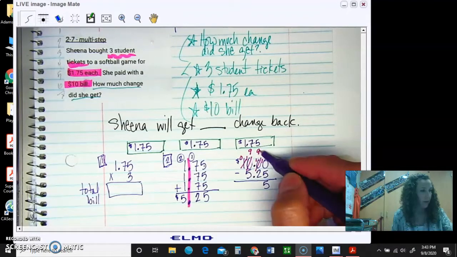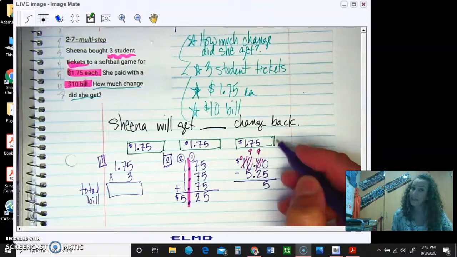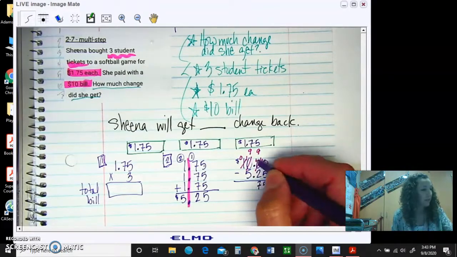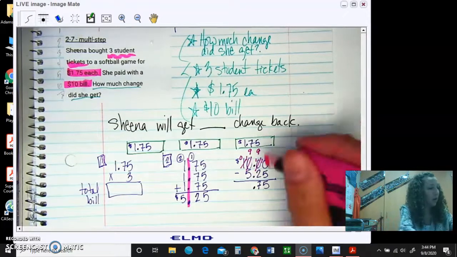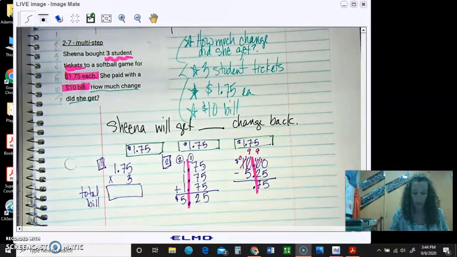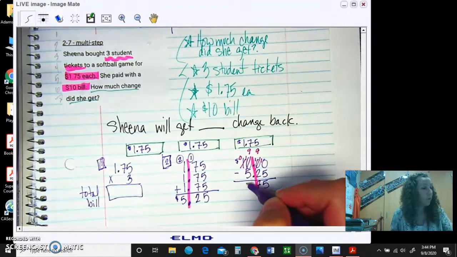Now we have 9 take away 2 is, hopefully you already had it, that's why I paused, 7. We bring down that decimal. Please, please, always remember the decimal. We need to remember that. Okay? And now we have 9 minus 5, which is 4. Then we have 0. Take away nothing, which is nothing.